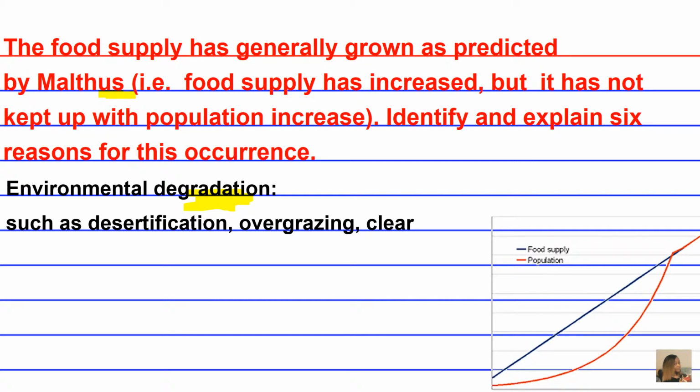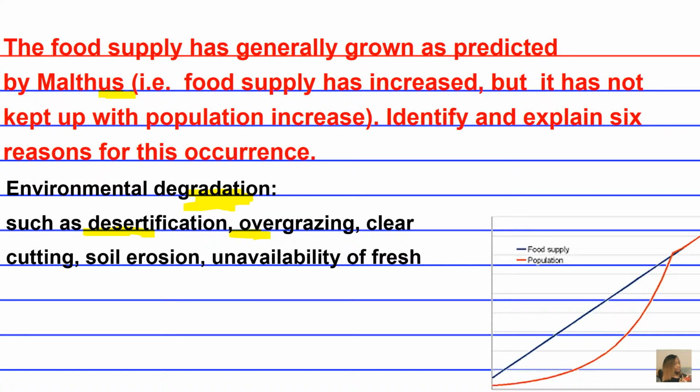Well, environmental degradation now occurs in the form of desertification, overgrazing, clear cutting, soil erosion, and unavailability of fresh water. So this kind of ties into some agricultural themes that often come up in AP Human Geography. Okay.